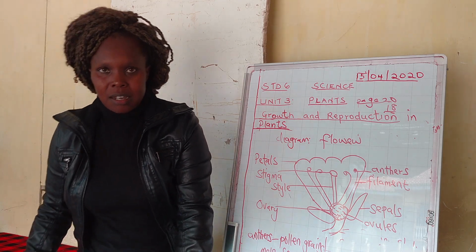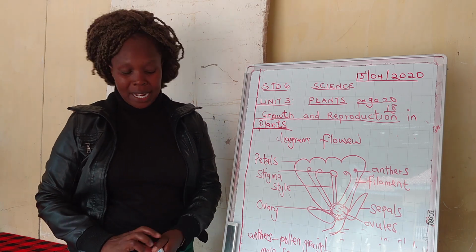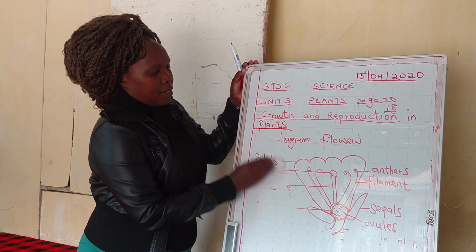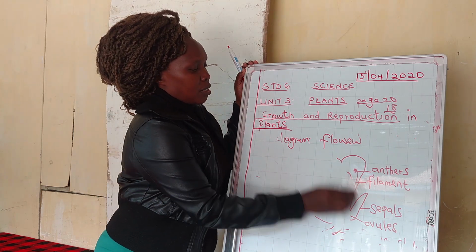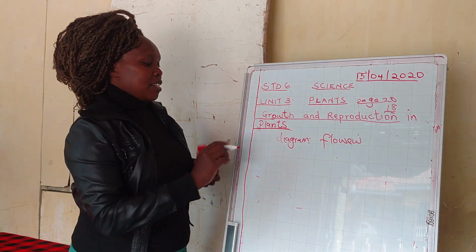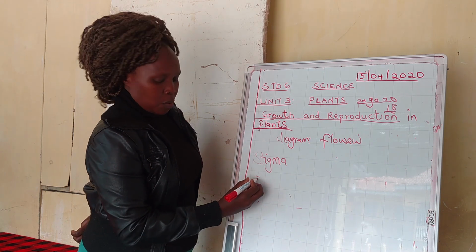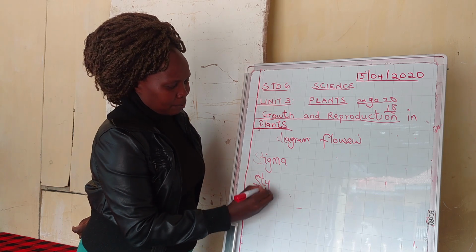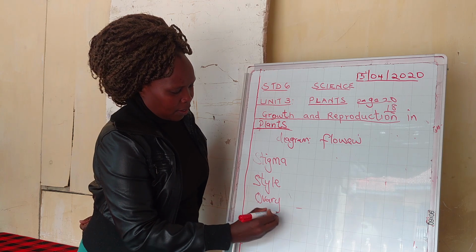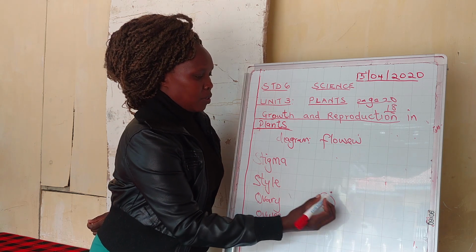Let's have a look at the different functions of the different parts of the female parts of a flower. We have the stigma, the style, the ovary, and the ovules. Let me just make a sketch of the same.